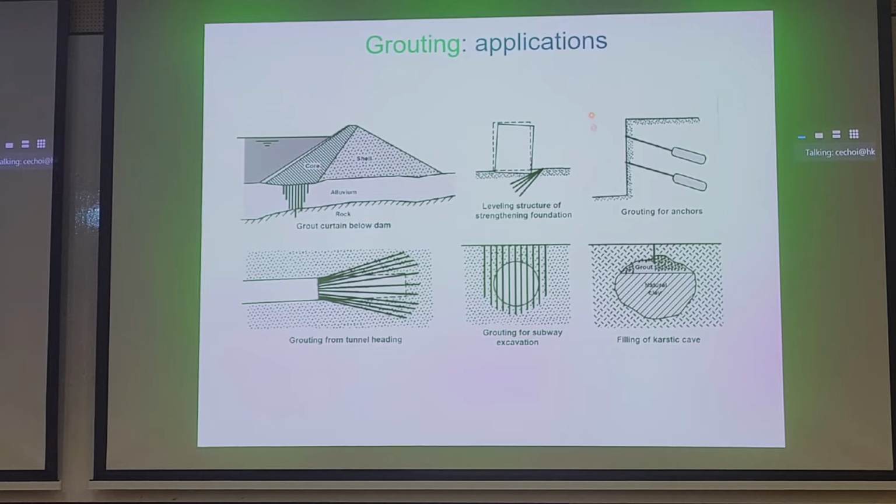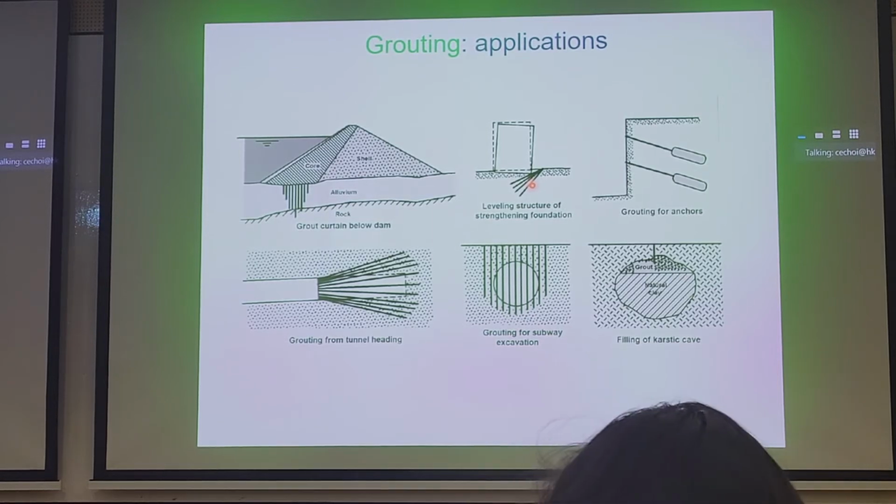It doesn't necessarily just have to be underneath the building, underneath the footing, or underneath the pile. Sometimes if a diaphragm wall is moving too rapidly inwards in a construction site, you could also try to grout in front of the retaining wall, the passive side, to stiffen the soil and increase the pressure to stop the retaining wall from moving in.